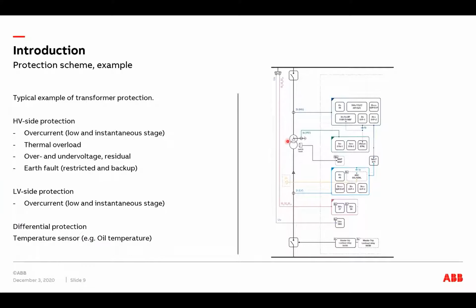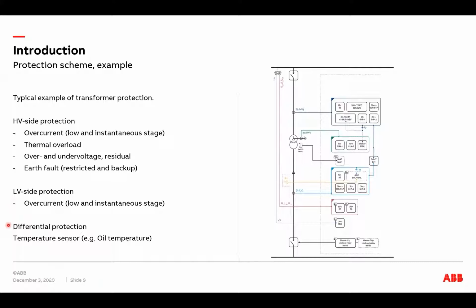And as you can see here in this picture, we have a star connected winding here on the high voltage side. So for this, we can also apply earth fault protection by means of non-directional as a backup, or then we can have restricted earth fault protection for protecting the winding on the high voltage side. On the low voltage side, we usually have overcurrent protection as well, both low and instantaneous stages.